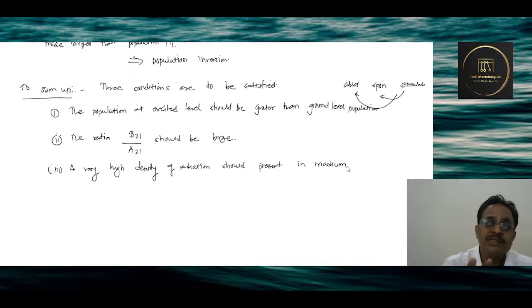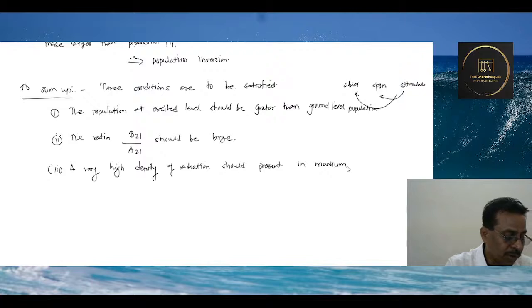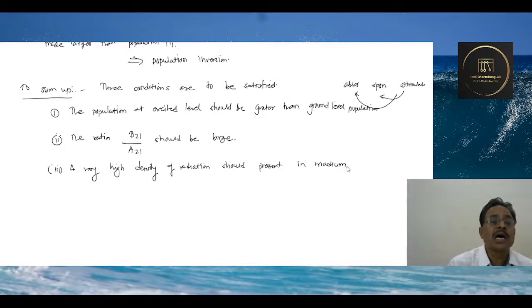So what are the things needed to carry out this type of laser actions? That will be based upon this type of summary that we have written here. So that is how these are the conditions, and therefore a medium amplifies light only when these three conditions are fulfilled.